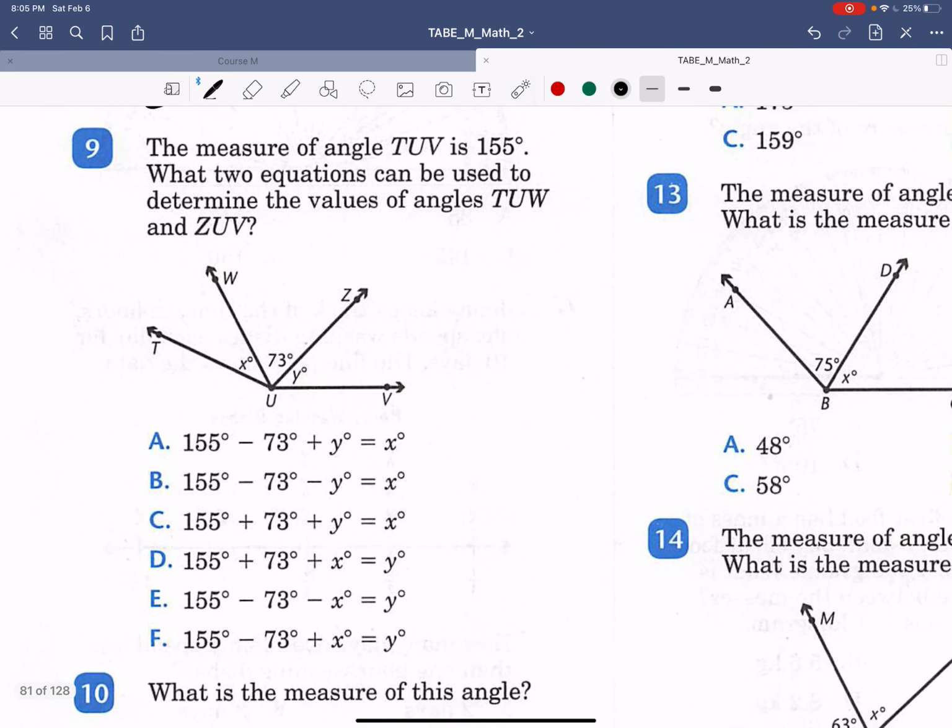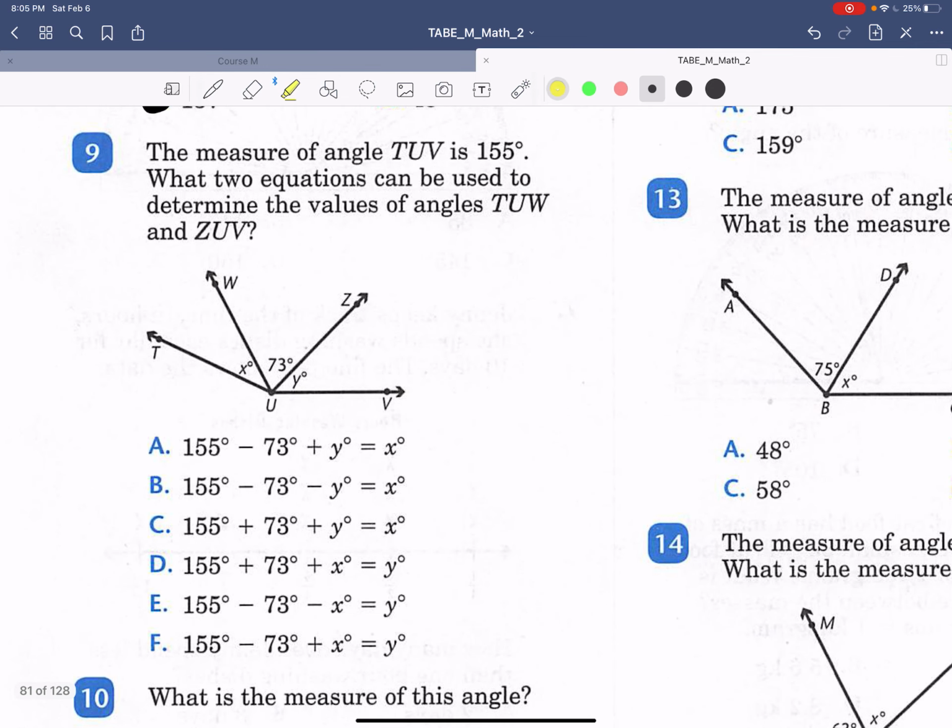Number 9. The measure of angle TUV is 155 degrees. What 2 equations can be used to determine the values of angles TUW? That would be from T to U to W. That's the X value. And ZUV.